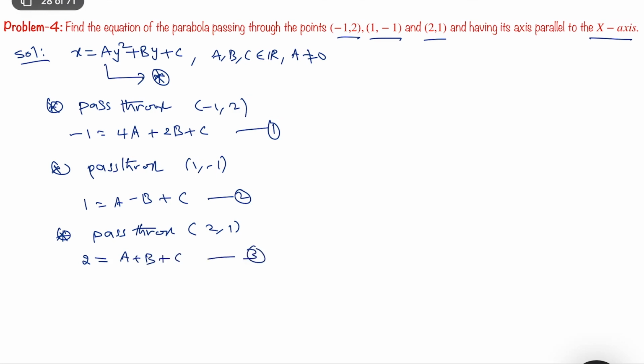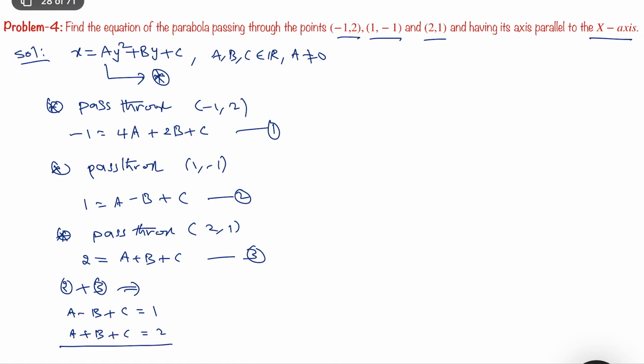Now we have 3 linear equations in 3 unknowns a, b, c. So let us try to solve for a, b, c. I am going to use simply the elimination method. First, let me do 2 plus 3. Equation 2 is a minus b plus c equal to 1, and equation 3 is a plus b plus c equal to 2.